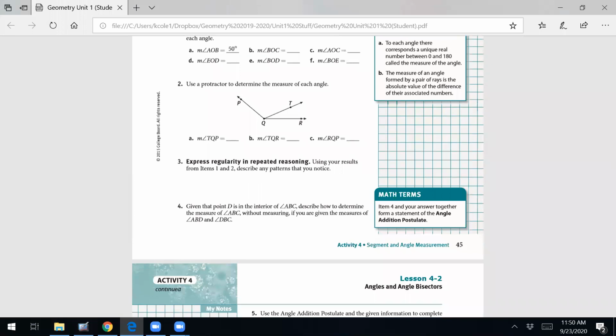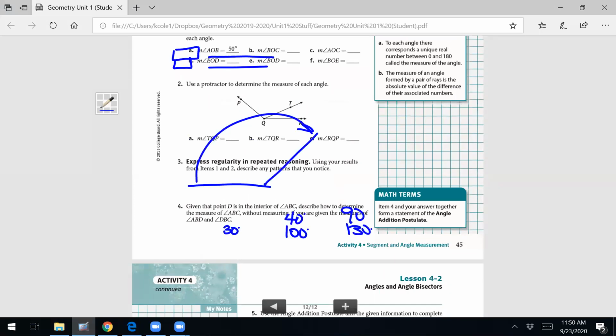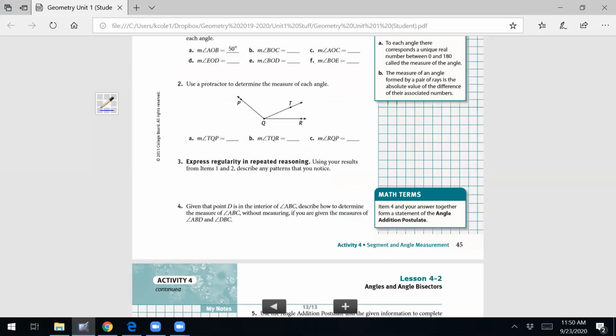It's not that important. All right, so for this next one, obviously it says use a protractor. We're not going to do that, but let's get what's going on with this lesson. So TQP, I'm going to tell you, is 115, and TQR is 24.